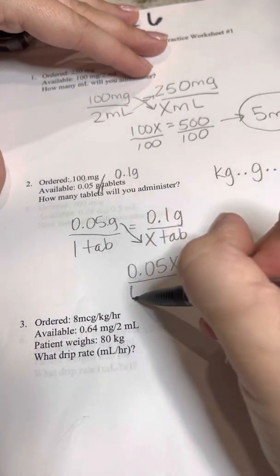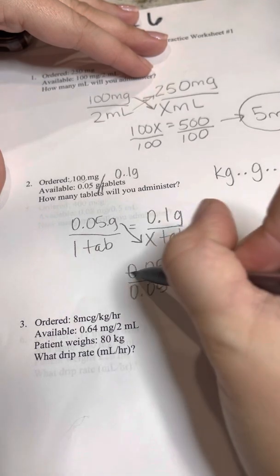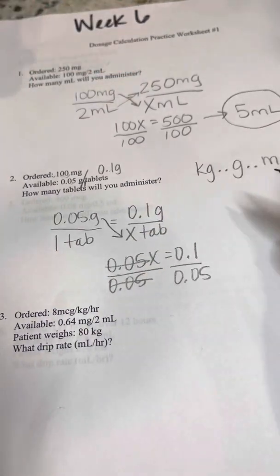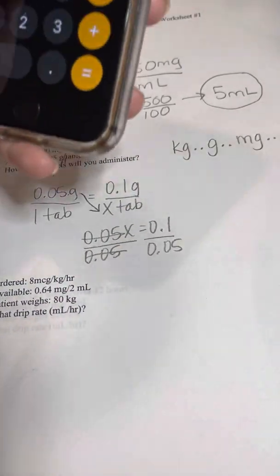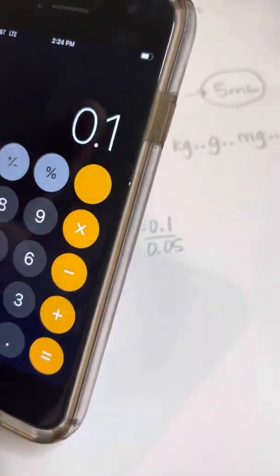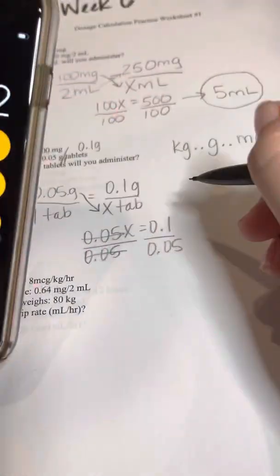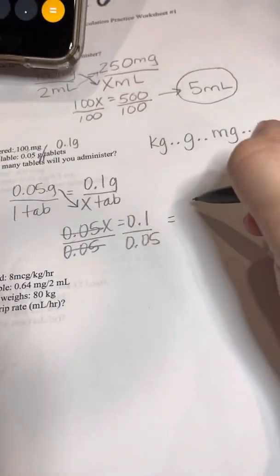Get X by itself. Divide each side by 0.05. And we are going to do 0.1 divided by 0.05. And again, we get 2 tablets.